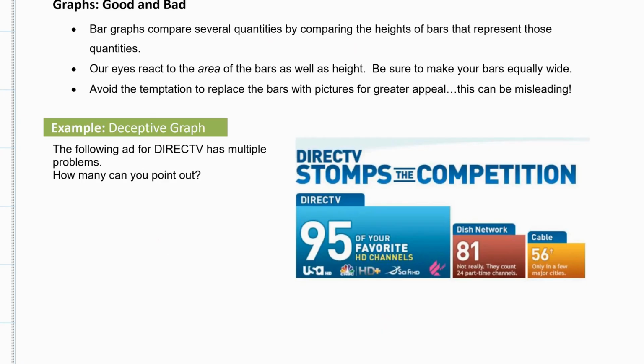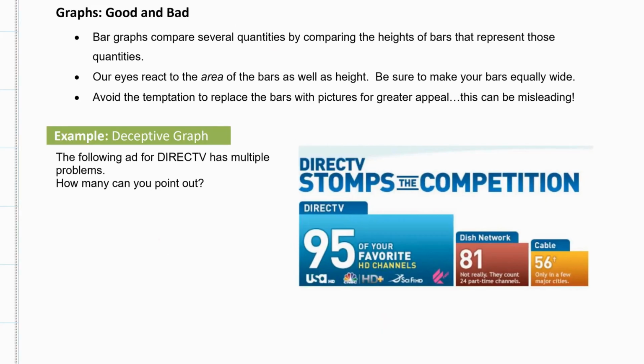Well, first of all, this is much wider. This is much skinnier. So this width, which shouldn't affect anything, does because this box is so massive compared to the other ones. Here's another thing.